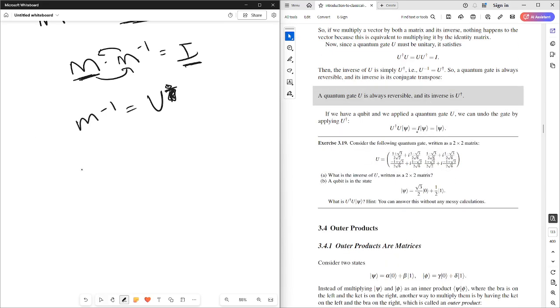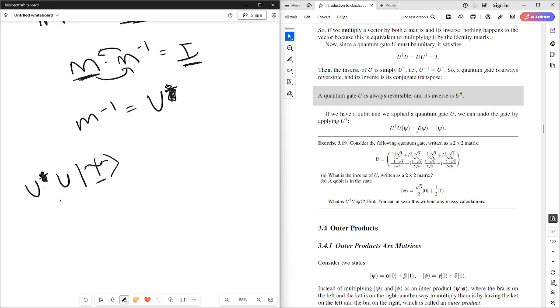Also, any quantum gate that we apply, so if we apply quantum gate U to a state psi, we can undo it simply by multiplying the result by the conjugate transpose. So obviously, since U is arbitrary, right?